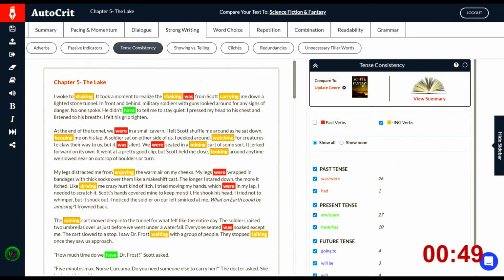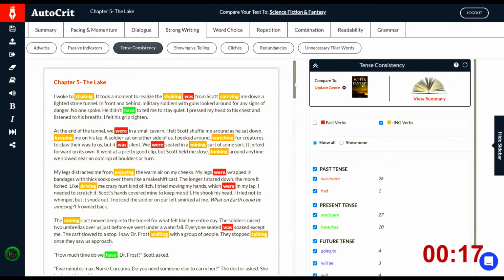So woke is the passive verb, because you wouldn't say I woke to shaked. That doesn't make sense. I realized the shaking was from Scott. This will be taken care of when we get rid of was. Scott carrying me down. He didn't have to. Yeah, so this definitely needs to be fixed too. He didn't have to tell me to stay quiet.